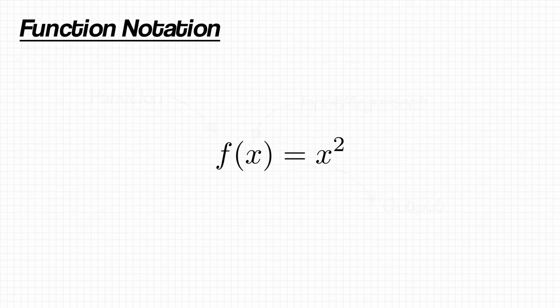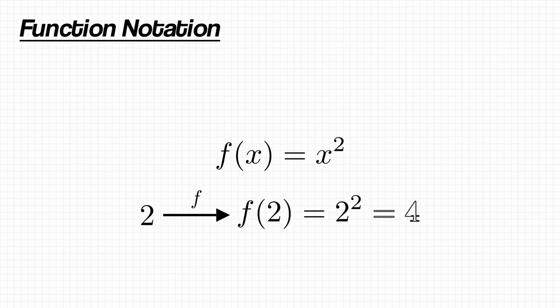Let's be clear about how functions work. First, we take an input, then we apply the function to the input. In this example, the function simply squares the input. Let's take the number 2, run it through our function. The output we could write as f of 2, which in this case would be 2 squared or 4.